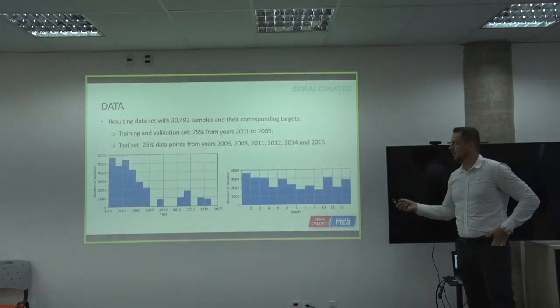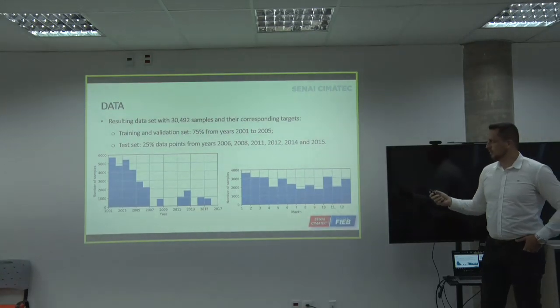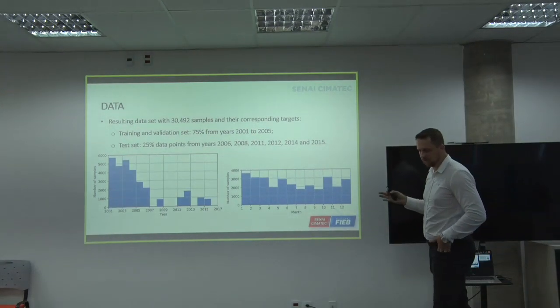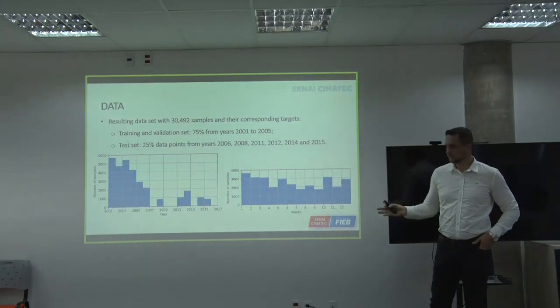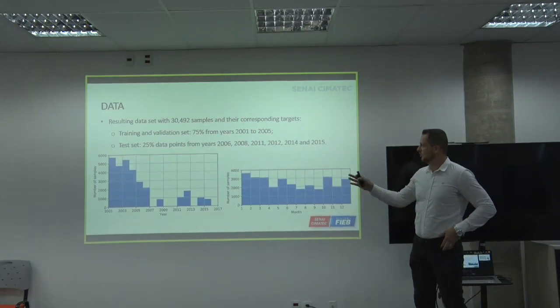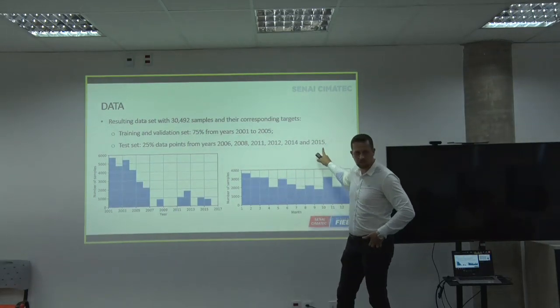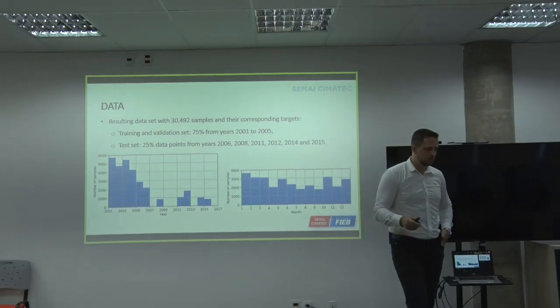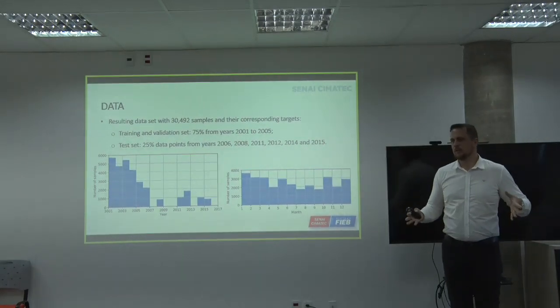So, almost more than 30,000 samples. We have separated 75% for training and validation, from the years 2001 to 2005, and separated the rest, 25% of the data, from the years 2006 to 2015, okay? It's interesting because, as you know, we are in a climate change situation.